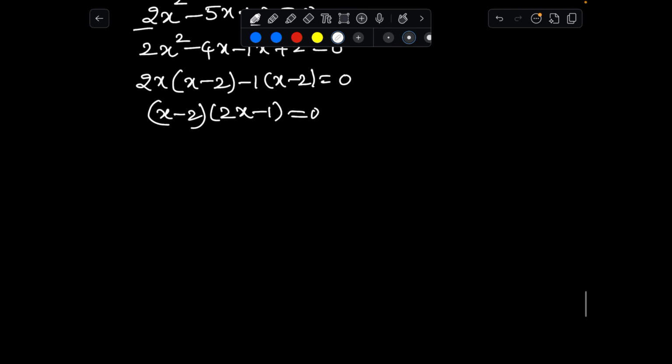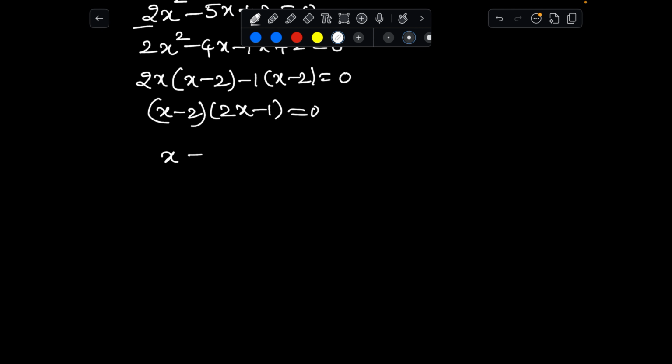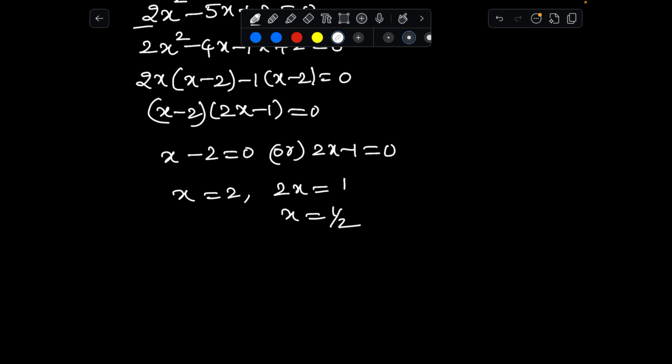From this, x − 2 = 0 or 2x − 1 = 0, so x = 2, 2x = 1, x = 1/2. Here, from case 1, x = 2 or x = 1/2 are the values.